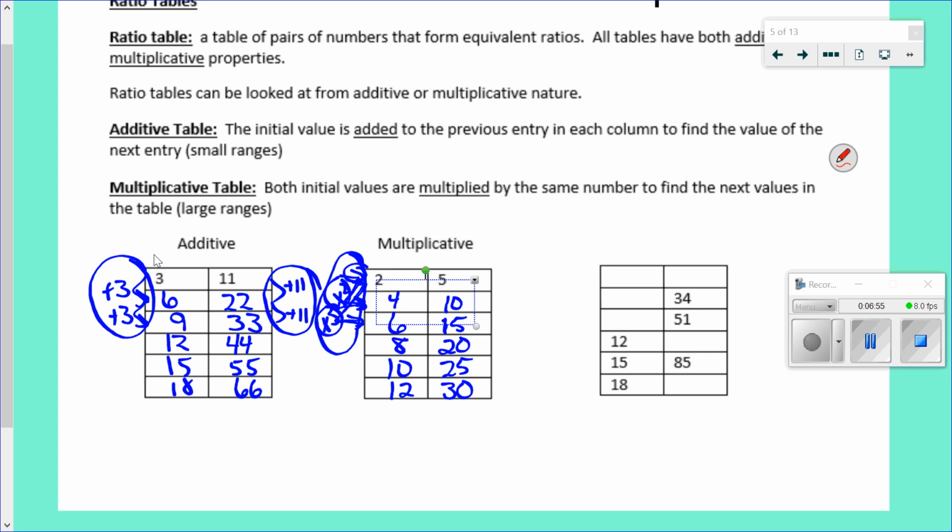Yes, Emma? You don't have to. And this is the one, especially multiplicative, where I said we normally are going to see larger ranges on this. Normally what's going to happen is you're going to see much bigger numbers, and it'll be skips. So it doesn't have to go 2, 4, 6.